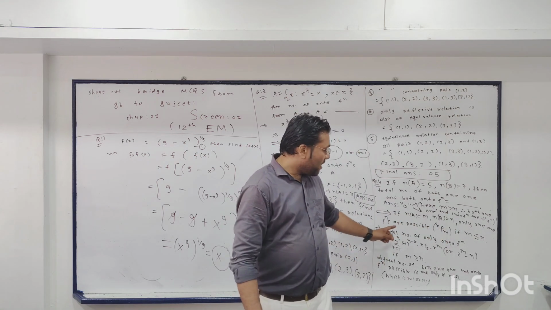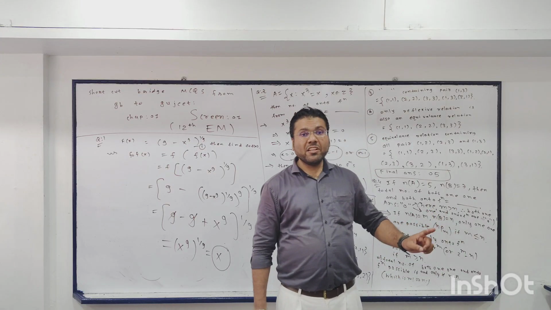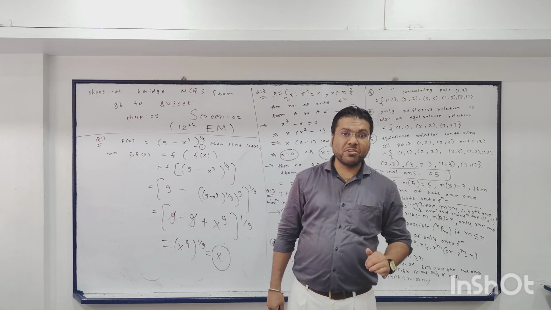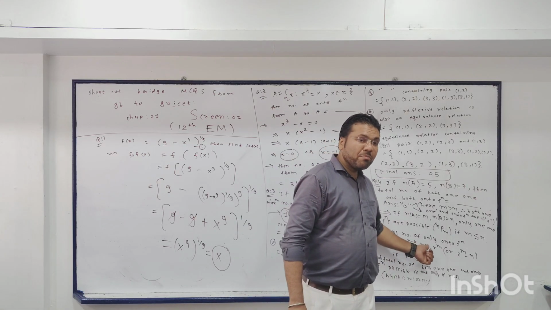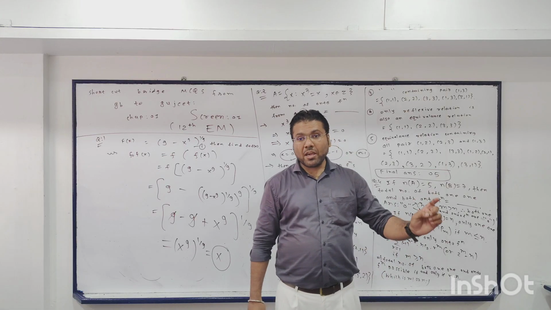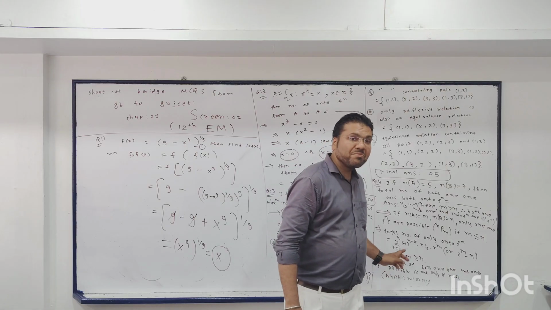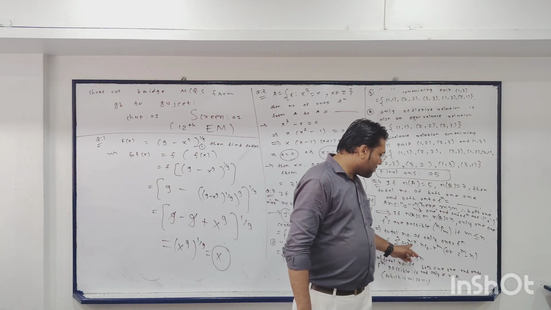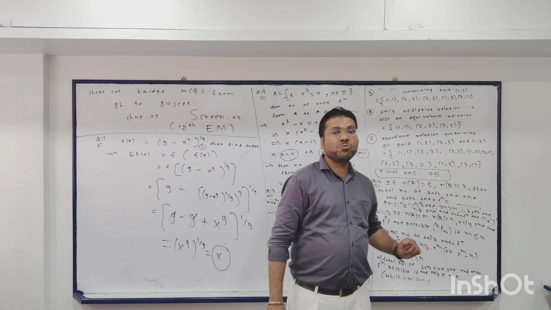Now, friends, if m greater than or equal to n is given to you, then only onto functions are possible, not one-one functions. The total number of onto functions under the condition m greater than or equal to n is given by the sum over r equal to 1 to n of (-1) raised to n minus r into nCr into r raised to m.